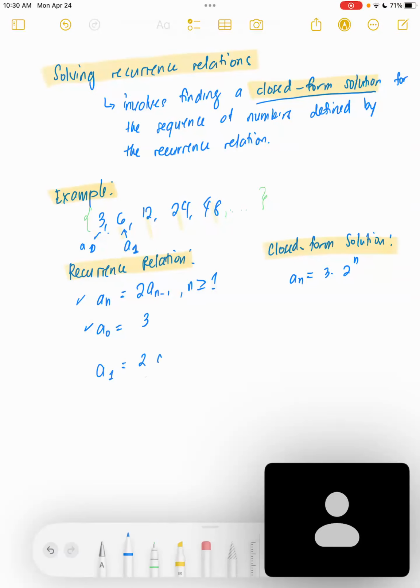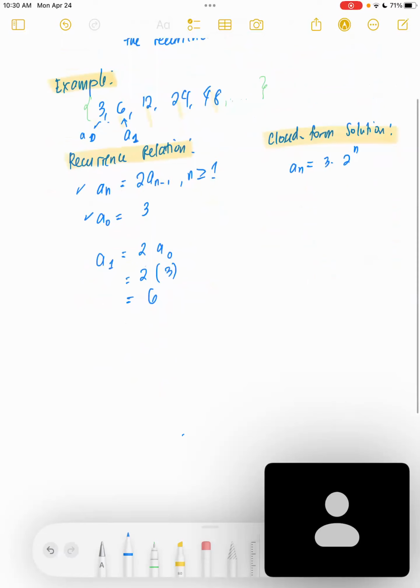So 2 times a sub 0. Okay, and we know that a sub 0 is equal to 3. So we simply have to substitute here, and a sub 1 is then equal to 6. So now, in order for us to get a sub 2, we need to compute 2 times a sub 1. Okay, and we know that a sub 1 is equal to 6, so that is 2 times 6 equals 12.